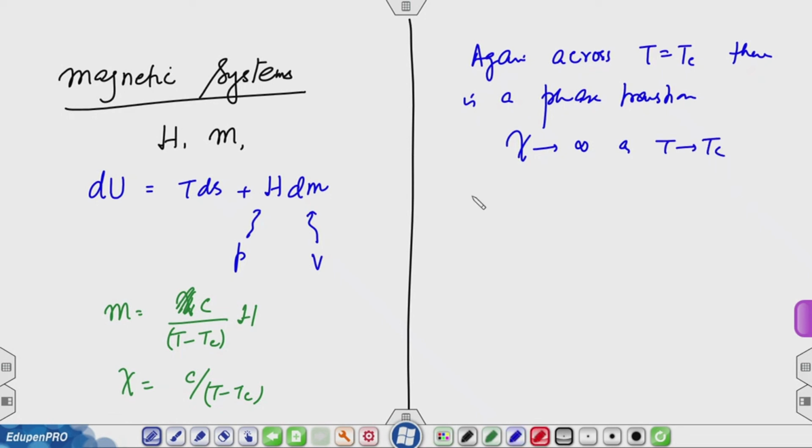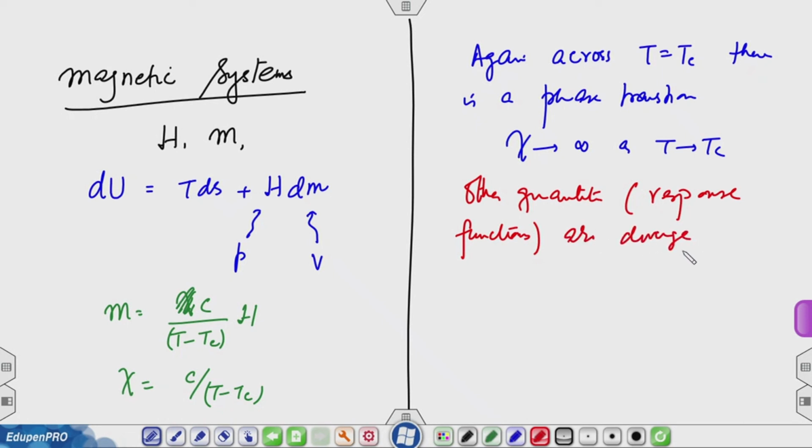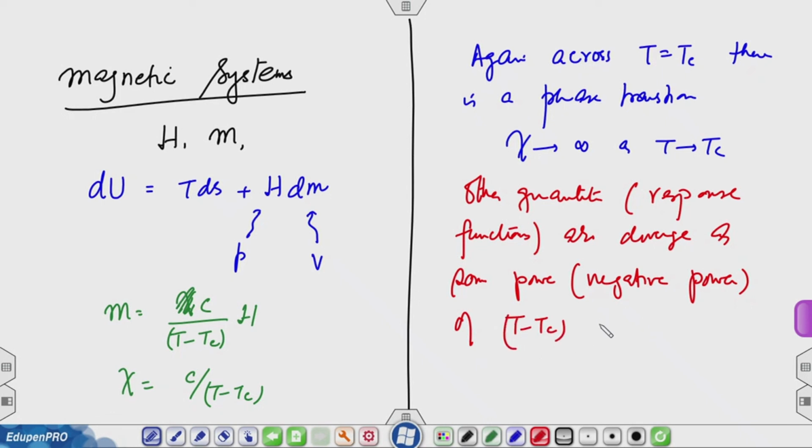So, other response functions also diverge as some power, it will be negative power of T minus Tc, as the transition point is reached.